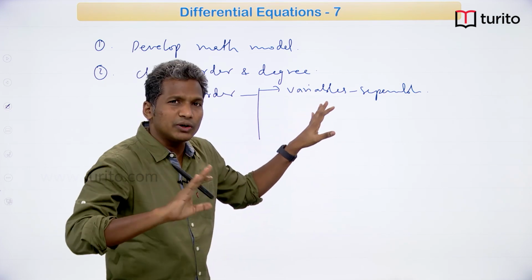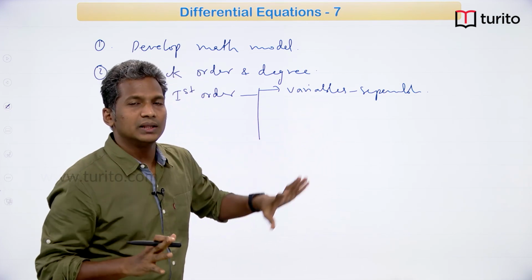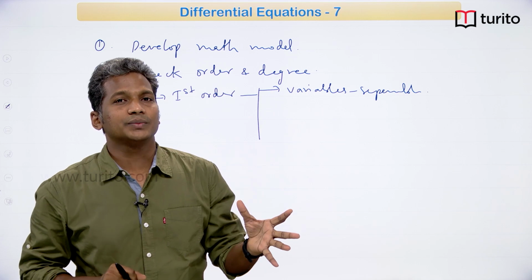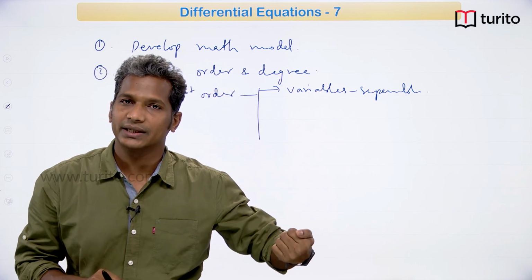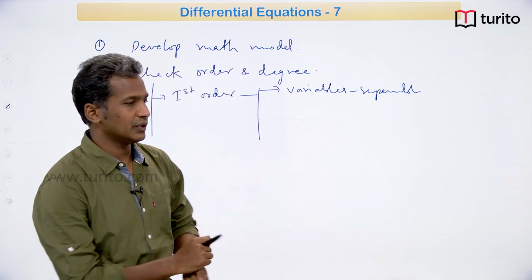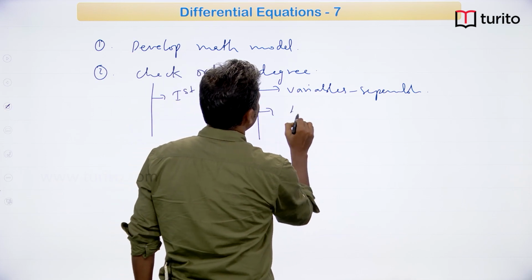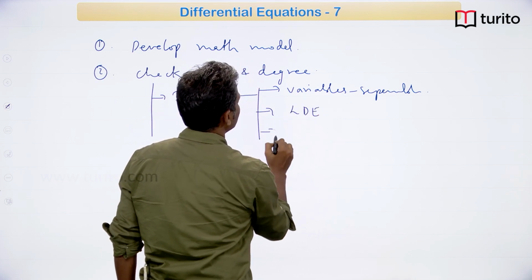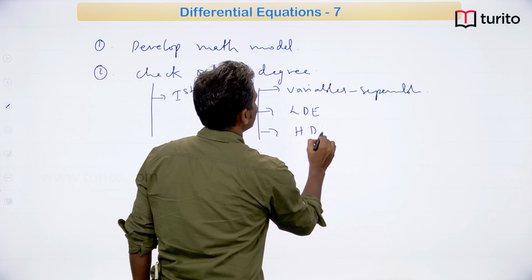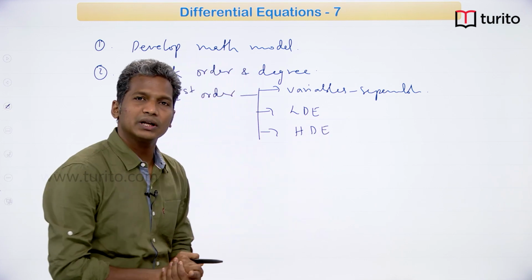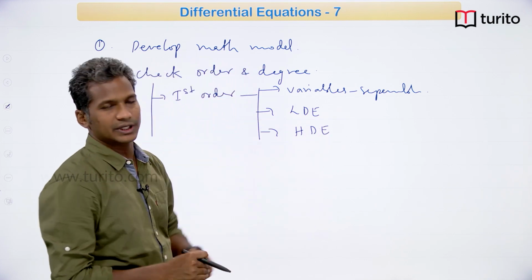If this is not working immediately, then do not go for exact forms. Go for the linear check and the homogeneous check. These two you check: homogeneous differential equation or linear differential equation.